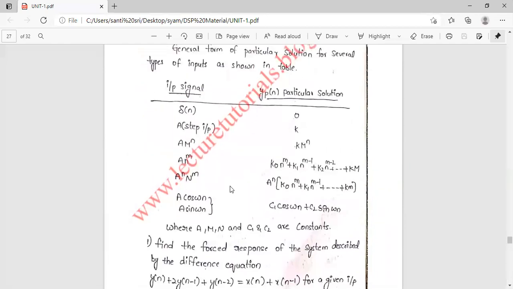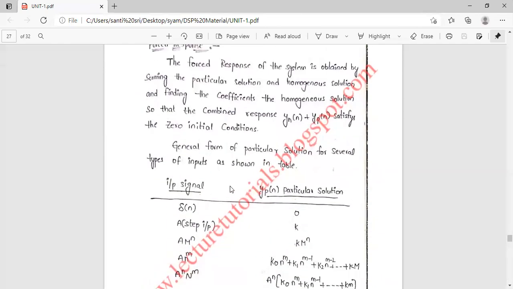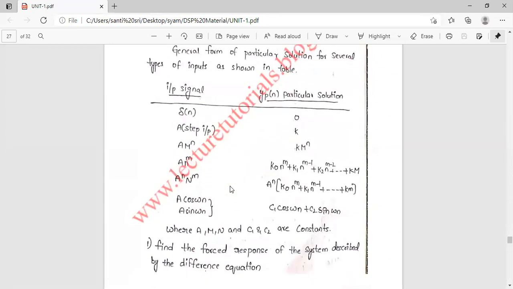Here we will write the forced response as a combination of the particular solution and the homogeneous solution. That is yf of n equal to yh of n plus yp of n.